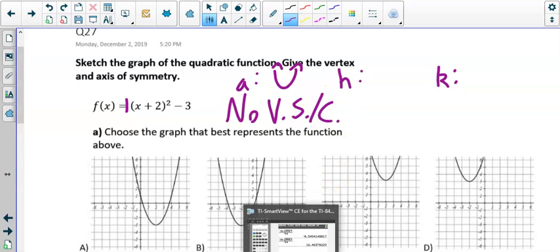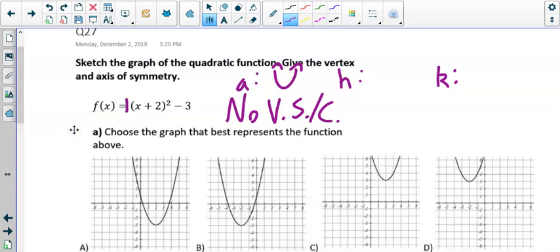Because in order to stretch, you got to be bigger than 1. And 1 is not bigger than 1. In order to compress, you got to be less than 1. And 1 is not less than 1. So all these graphs are okay because they're not very wide and they're not very thin. Okay? So it looks like we're going to have to rely on what H and K are doing to tell us which graph to look at.